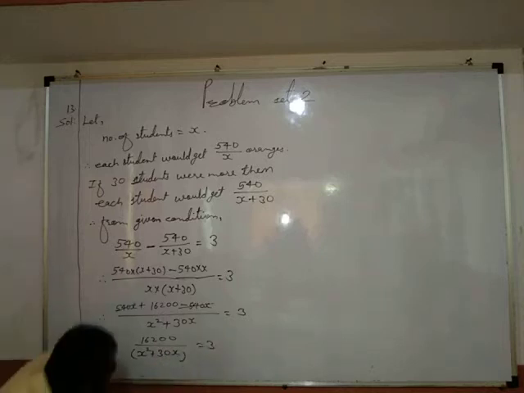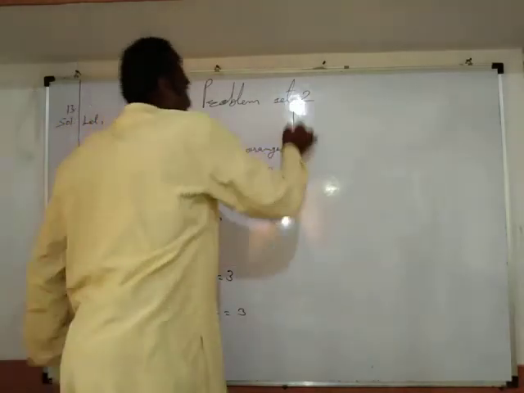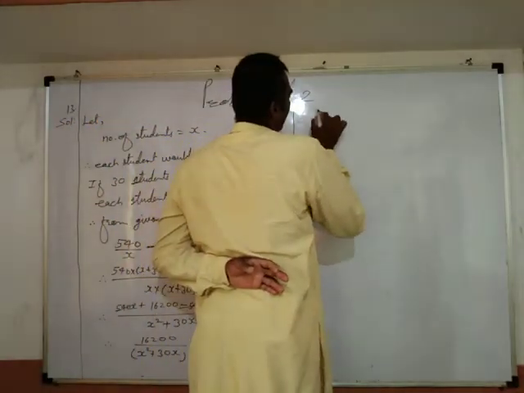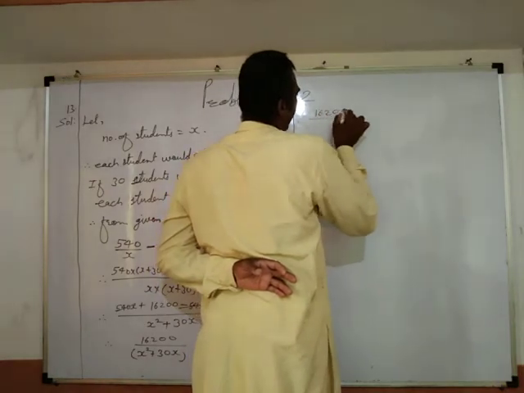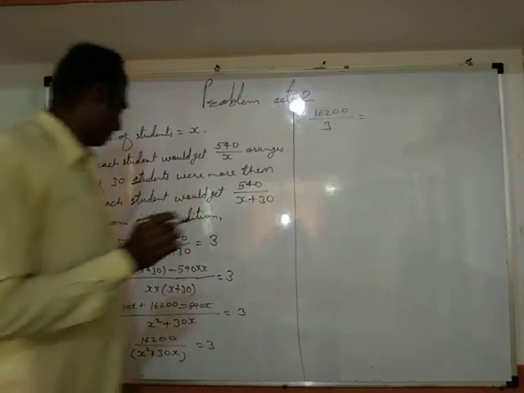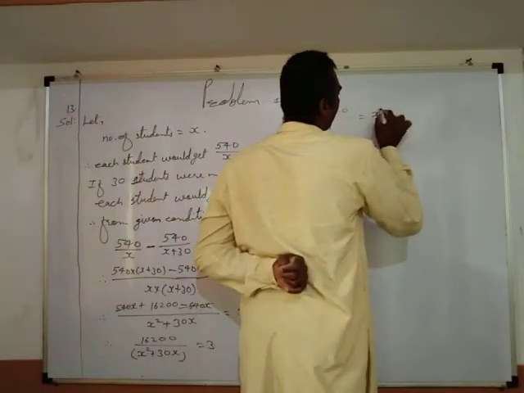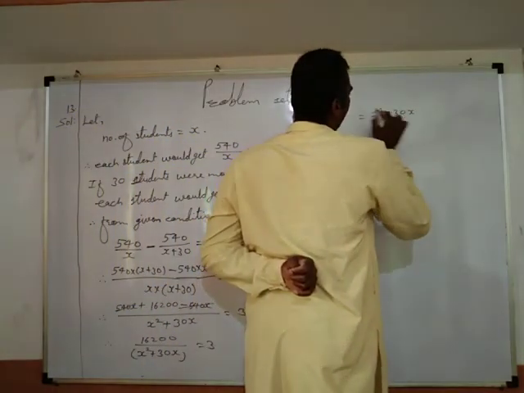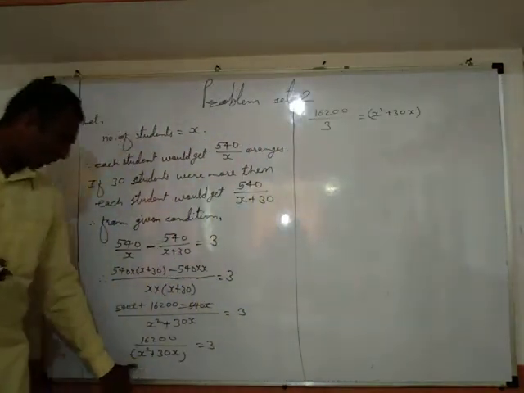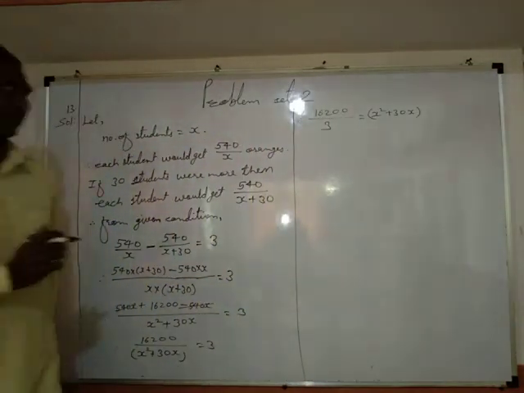And therefore it will be again like this: 16,200 upon 3 equals x square plus 30x. We have exchanged the 3 and the bracketed x square plus 30x.